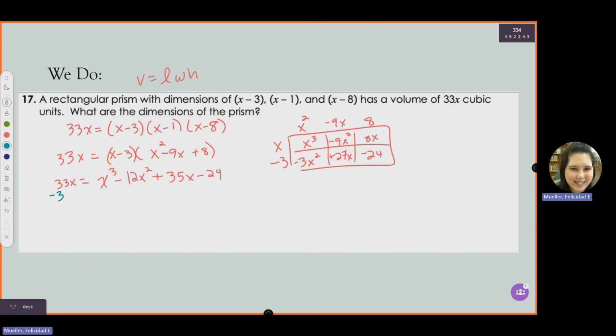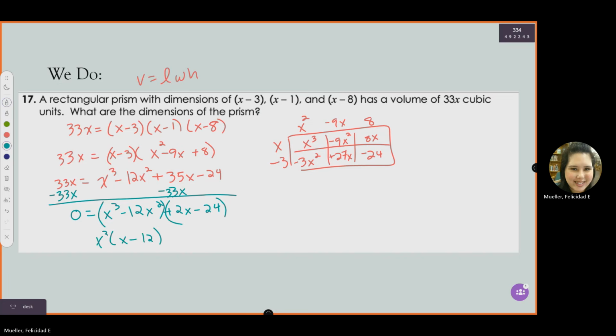So I'm going to subtract 33x from both sides to start solving for it. So we get 0 equals x cubed minus 12x squared plus 2x minus 24. First two, last two. x squared leaves with x minus 12, plus 2 times x minus 12, x squared plus 2, and x minus 12.